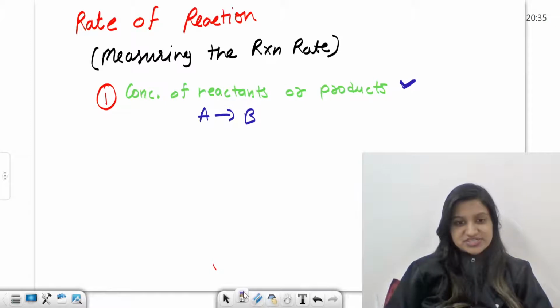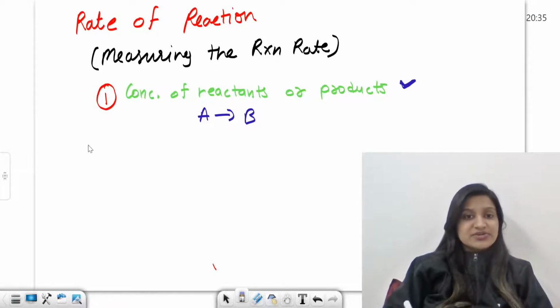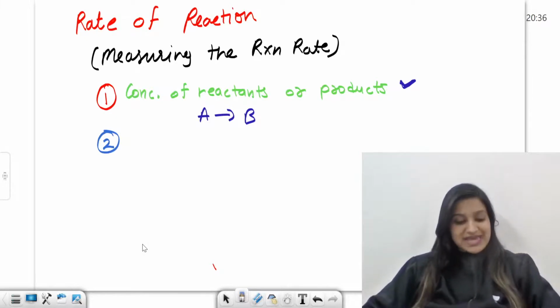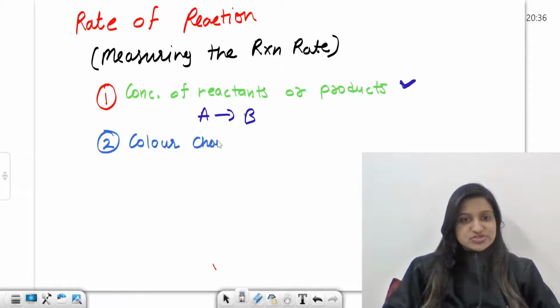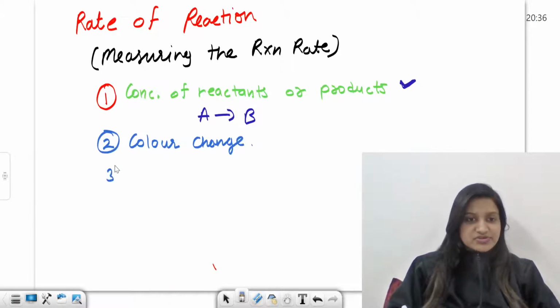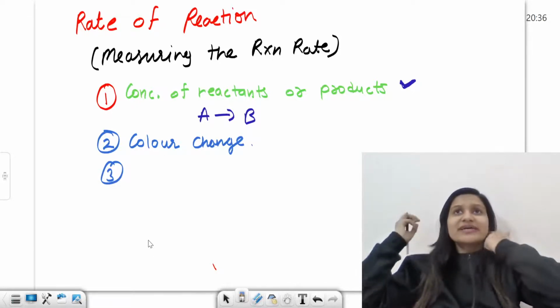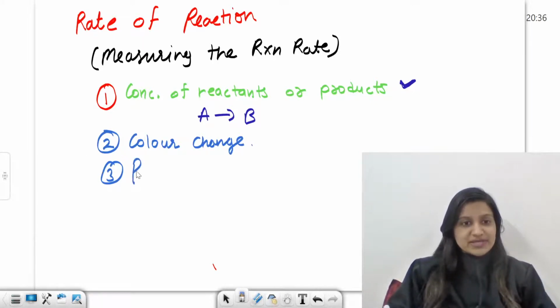What can be the other things by which we can measure the reaction rate? The very first one is concentration. Apart from it, what else can we take? You can also take color change. Number 3, in case of gases, you don't define concentration, you define pressure.